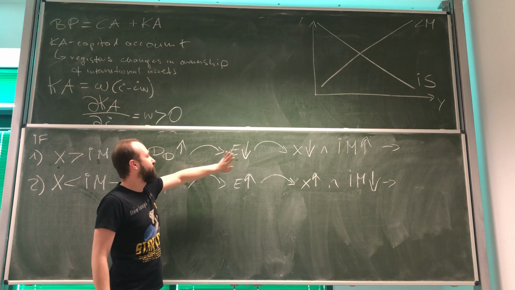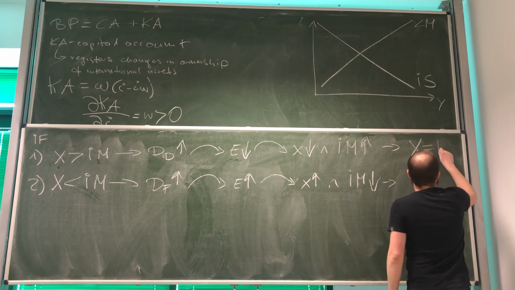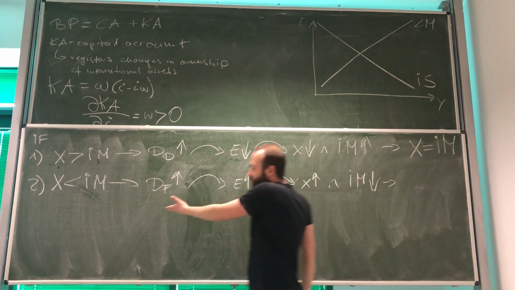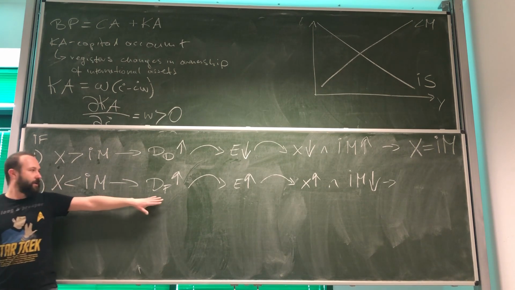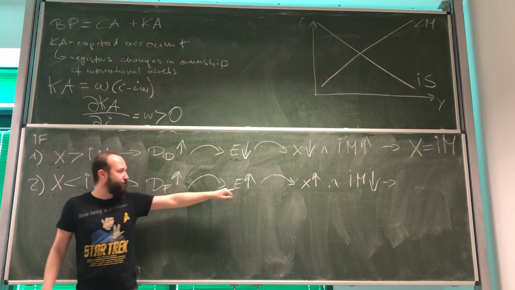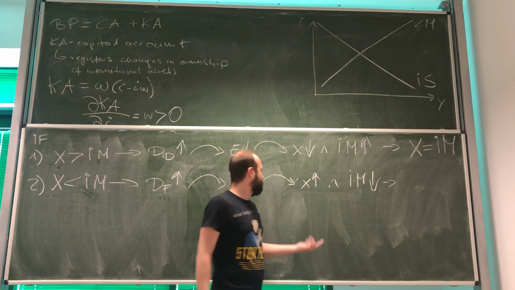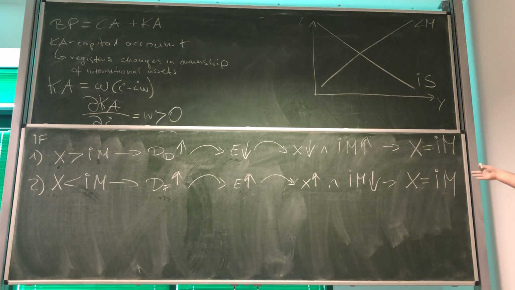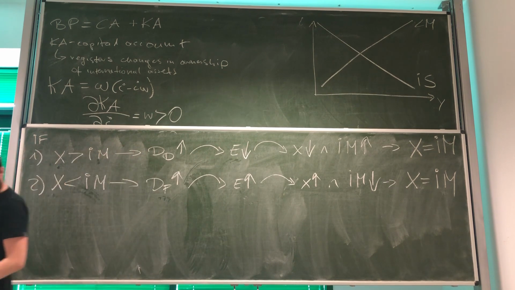And this pressure on appreciation will disappear when exports are exactly equal to imports. And look, here we've got the same situation. If exports are lower than imports, we will see higher demand for foreign currency, depreciation of the domestic currency, and improvement of the current account, so higher exports, lower imports. And as you see, the current account gets back into its balanced position.